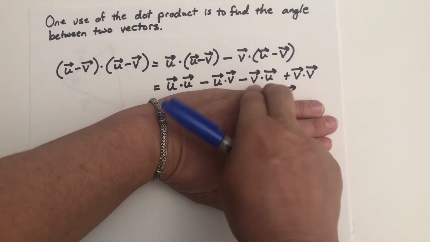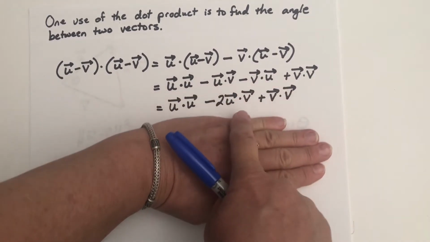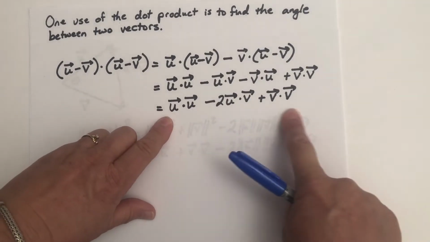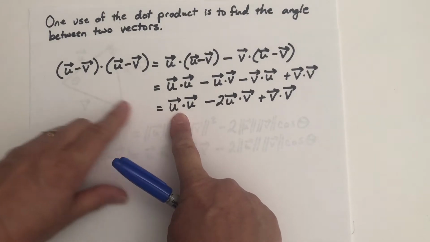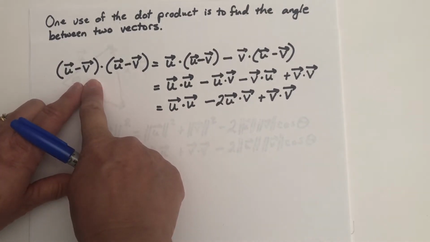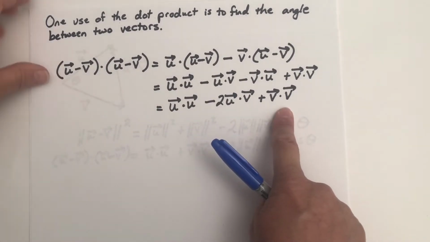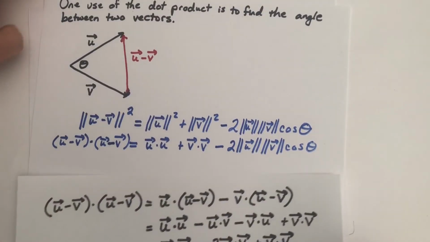We know that's commutative, so it's u dot v and another u dot v, and that makes 2 of them. This looks very similar to what we get when we square a binomial. So here's the result: u minus v dot u minus v is this. Let's make that substitution. So we'll substitute that right.